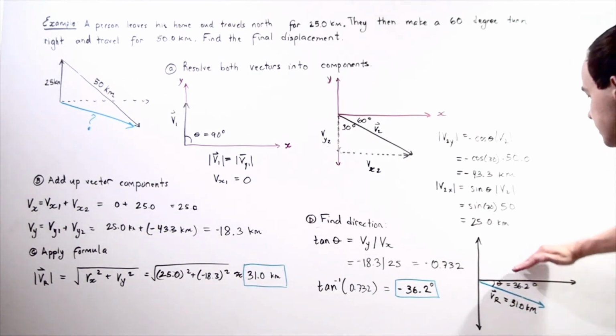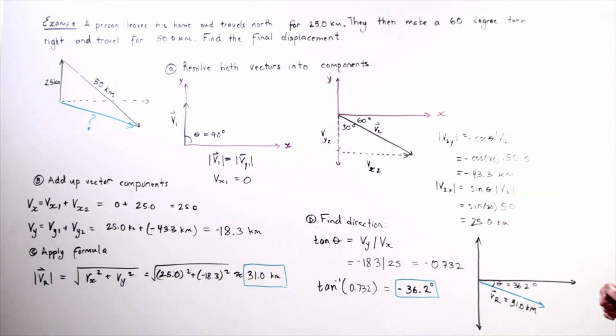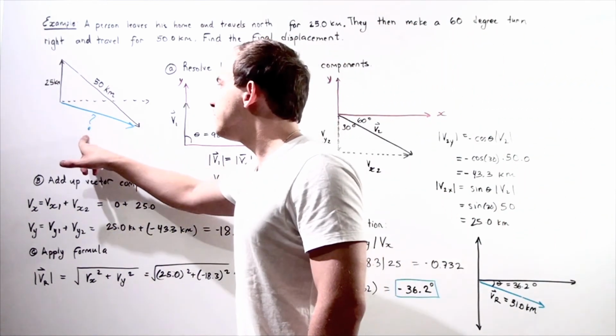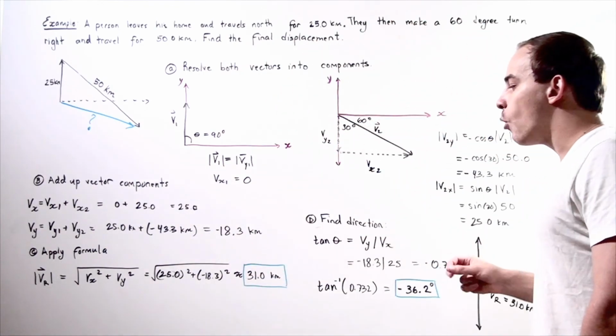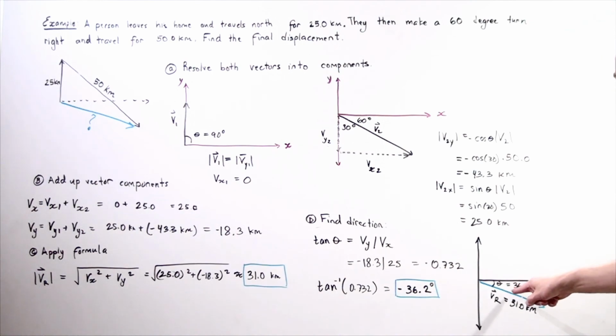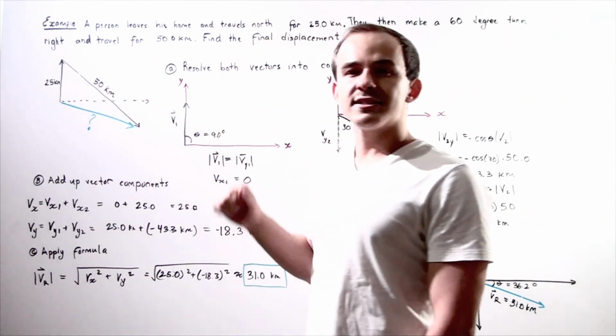So going counterclockwise is positive, going clockwise is negative. So this is our final angle. So the magnitude of our resultant vector is 31.0 kilometers, pointing in the direction 36.2 degrees below our x-axis.